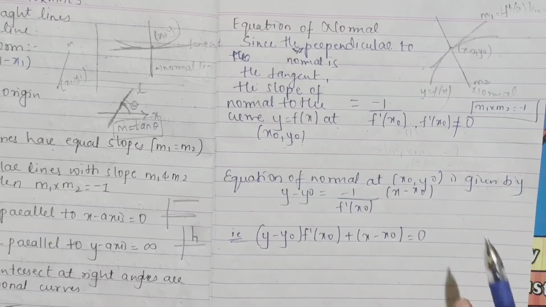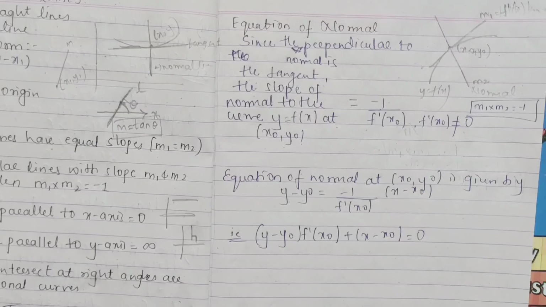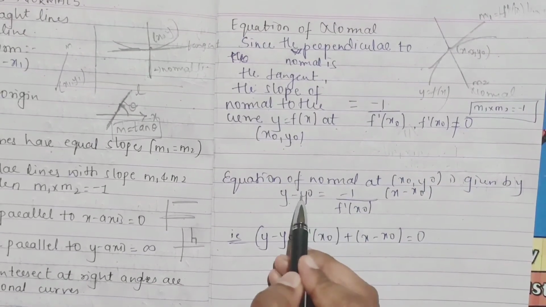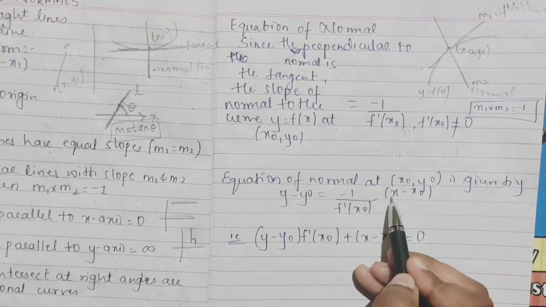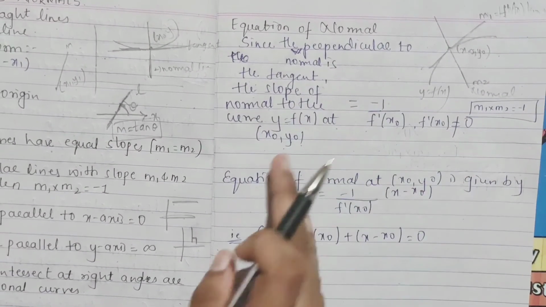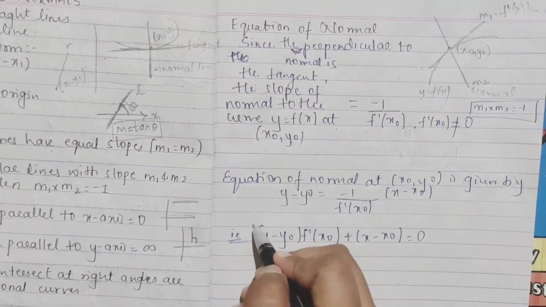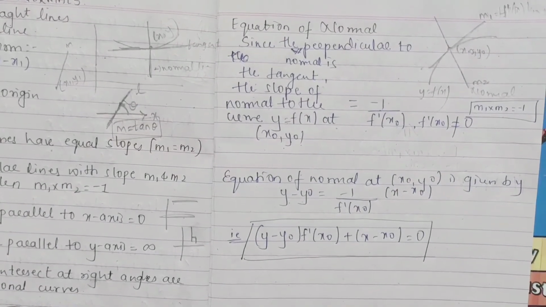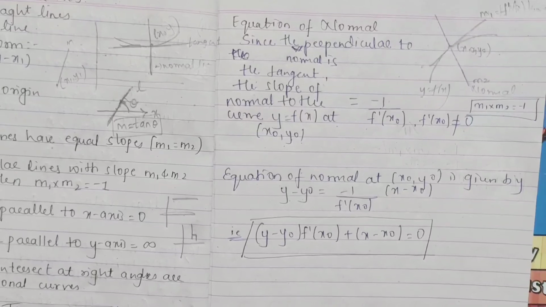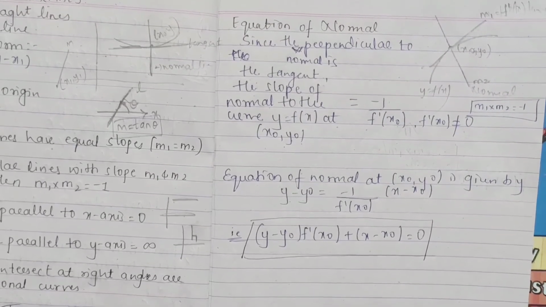If you simplify, multiplying by f dash of x naught and taking the negative term to the left-hand side, it becomes positive. So the equation of the normal is (y minus y naught) f dash of x naught plus (x minus x naught) is equal to 0.